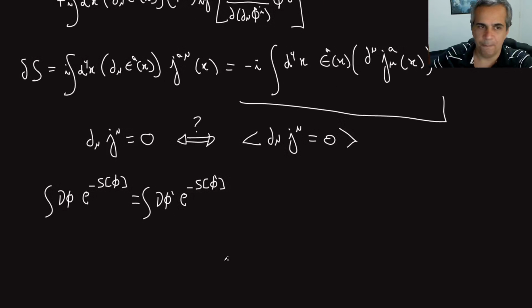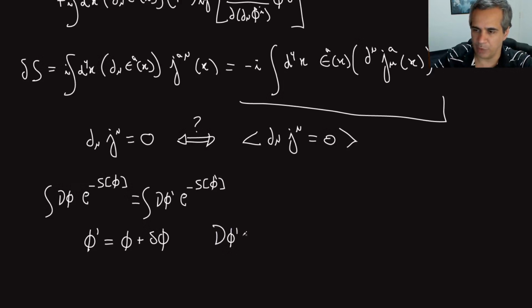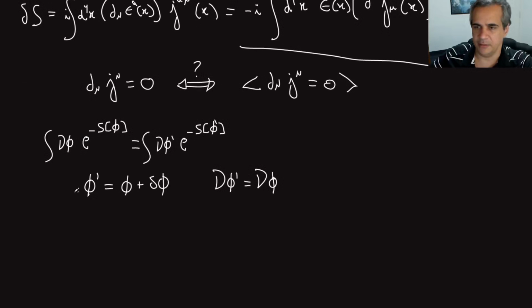But now, if phi prime is obtained from phi by an infinitesimal transformation like that, and the Jacobian from phi to phi prime is such that d phi prime is the same as d phi, the integration measure here, right? Then I can bring this to the other side, right?